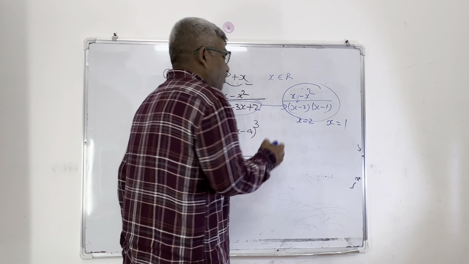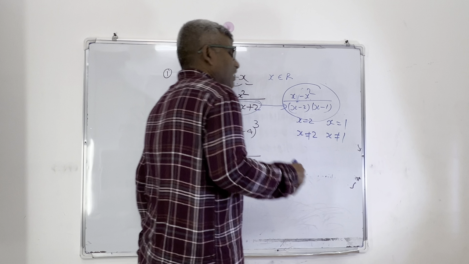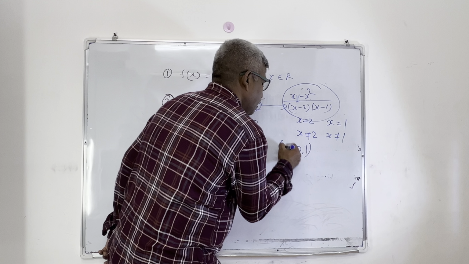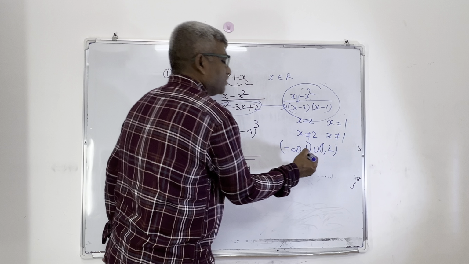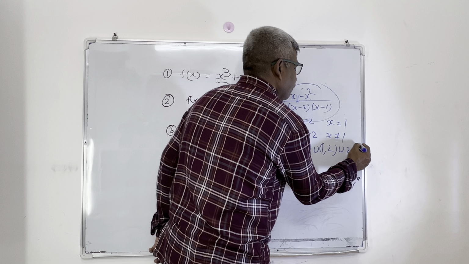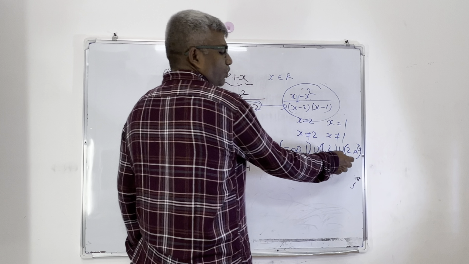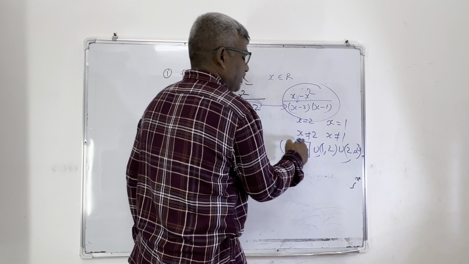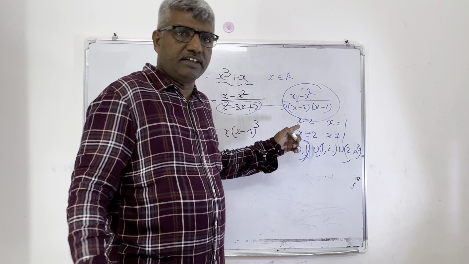So the domain is x is not equal to 2, x is not equal to 1, or we can represent it as minus infinity to 1 union 1 comma 2, with curved parentheses, and then 2 to infinity. That means 1 is not included, 2 is not included. If it is a square bracket, 1 is included. So we put curved parentheses only. I hope you got it.